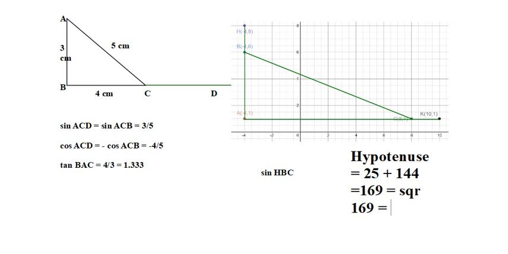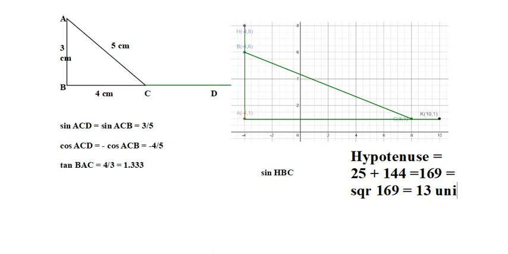If you know how to incorporate mathematical formulas in this OpenBoard, because I'm still new to this one, I need you to comment on the comment section, so we can exchange some information regarding this, so I can always improve my video for everyone. So the square root of 169 is actually 13 units. So we know we have to deal with this one first.